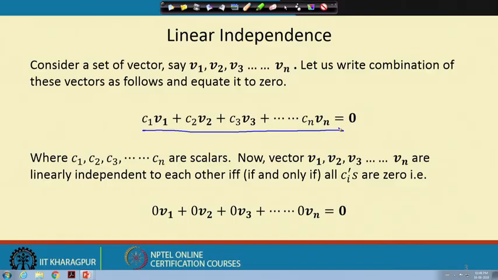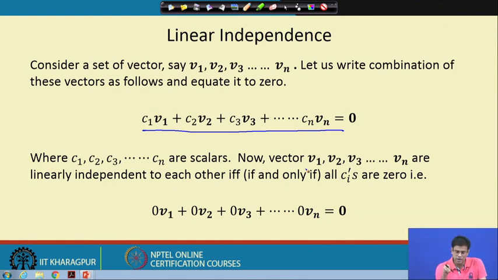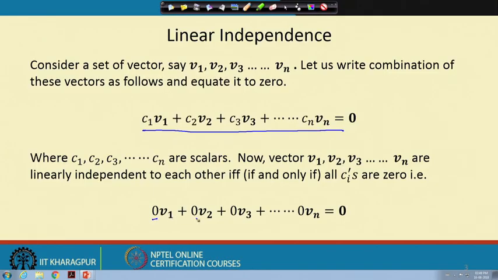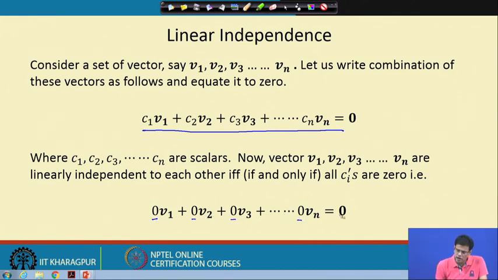Now, the definition of linear independence is that these vectors are linearly independent of each other if and only if all Ci's are 0. If I take all constants to be 0, then obviously the right hand side has to be 0.